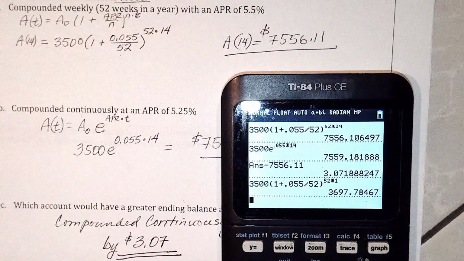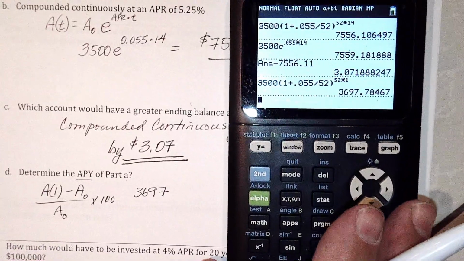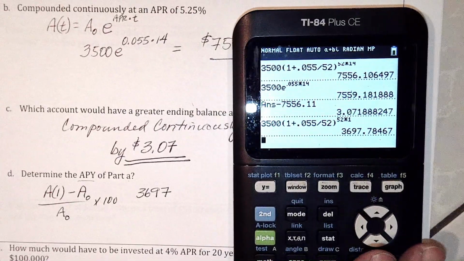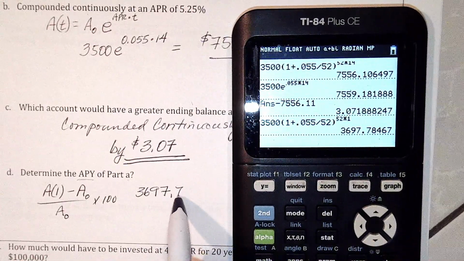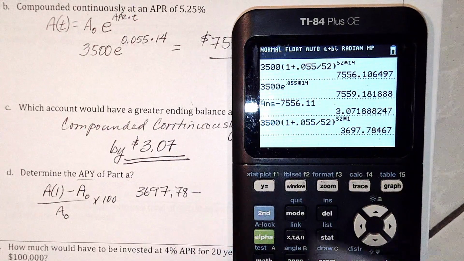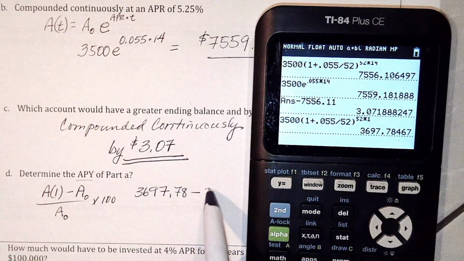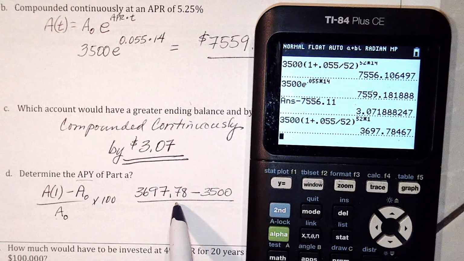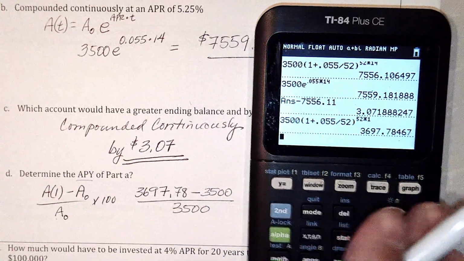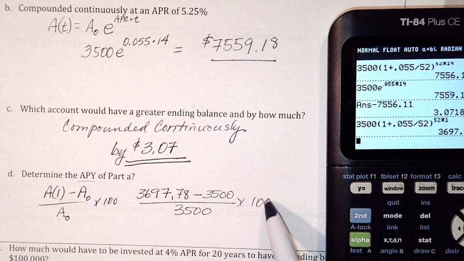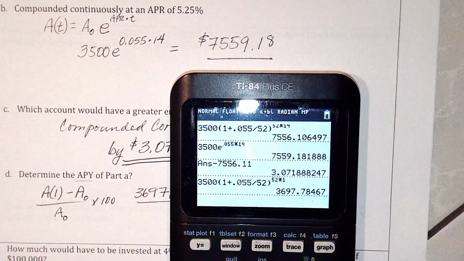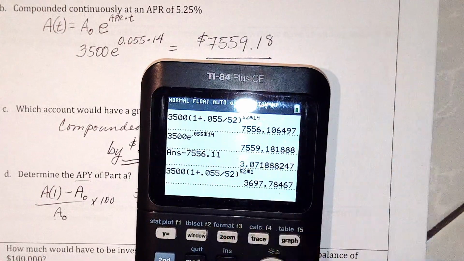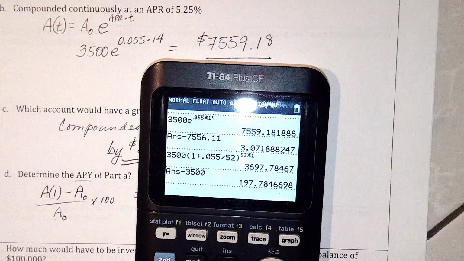$3,697.78 minus my starting amount, which was 3,500, gives 197.78.